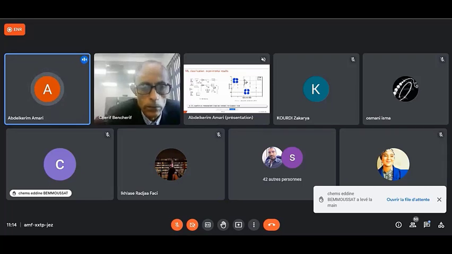I don't remember well, but I guess it's a bandpass filter. And both of them are optical, so it's the amplifier and the filter as well.